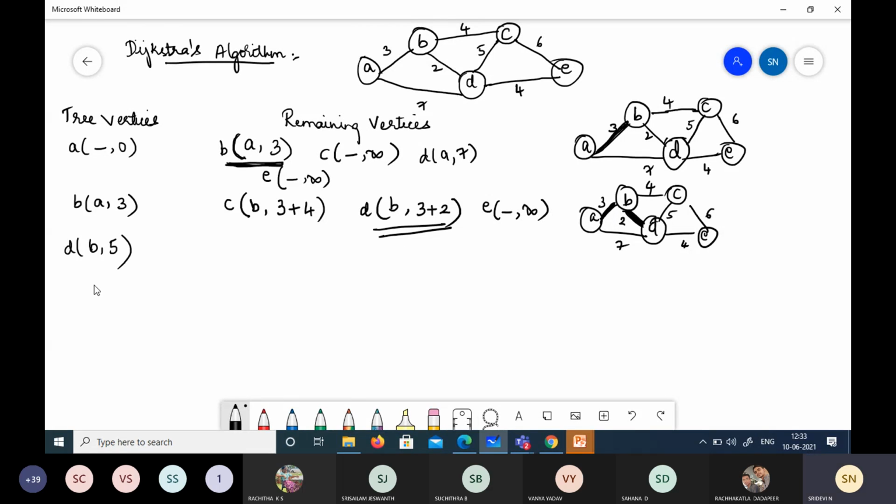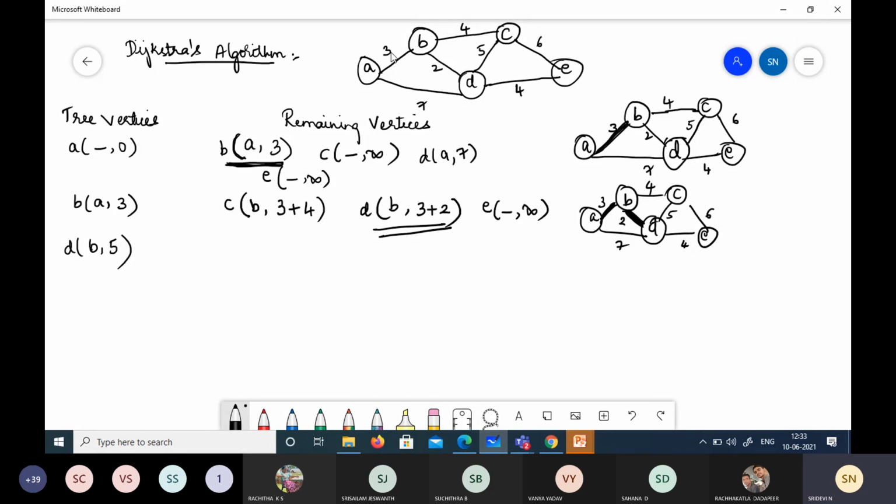So from D we can reach C, right? From D we can reach C also. But look into the distance. Check the distance. From D it's possible to reach C, but it's already reached.